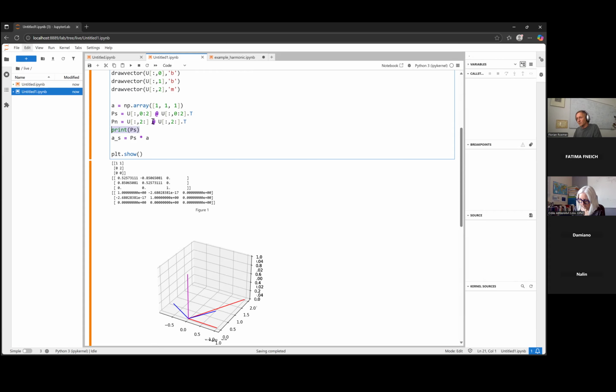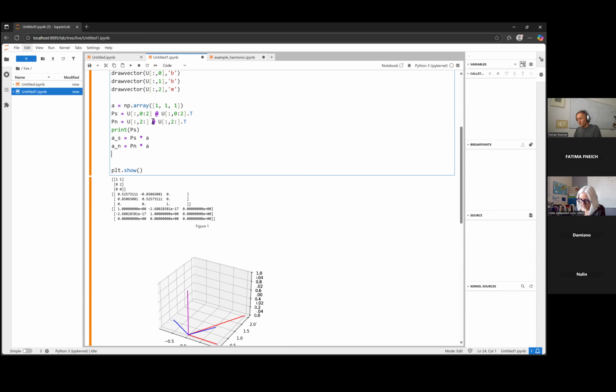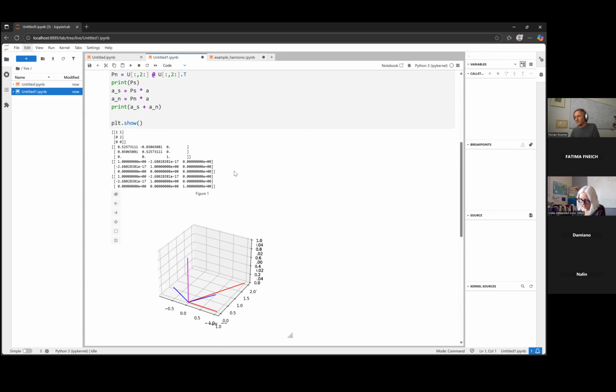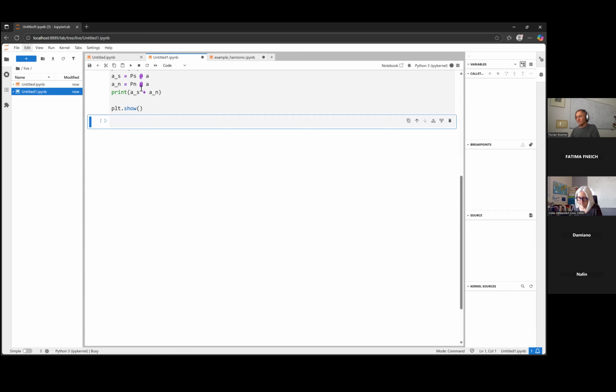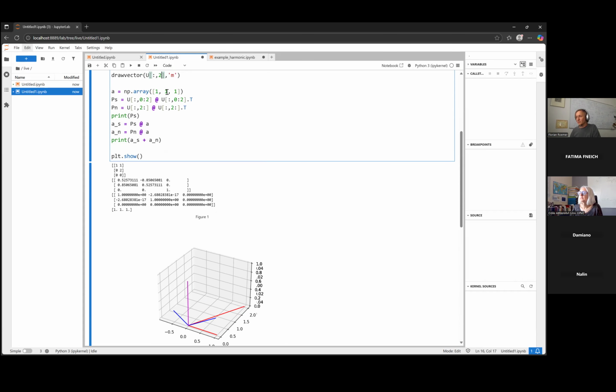And that's a projector for the other one, AN, like this, which, if we did our math right, should be so that AS plus AN gives back A. And we should, sorry, I should have done the matrix multiplication here, because times is the element-wise multiplication. So you can see AS plus AN is our original vector.